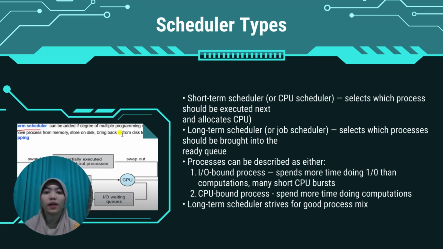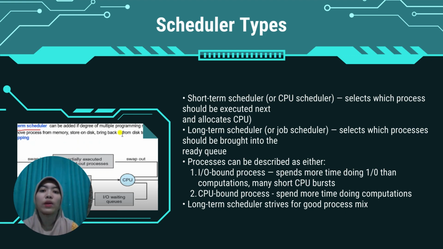The long-term scheduler controls the degree of multiprogramming by determining how many processes should be resident in memory at a given time. Unlike the short-term scheduler, a long-term scheduler is invoked infrequently and operates at a slower pace, often in seconds or minutes.